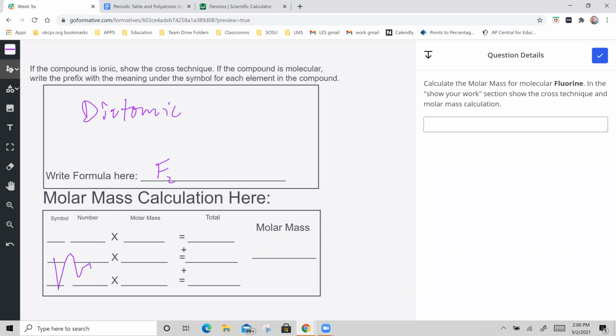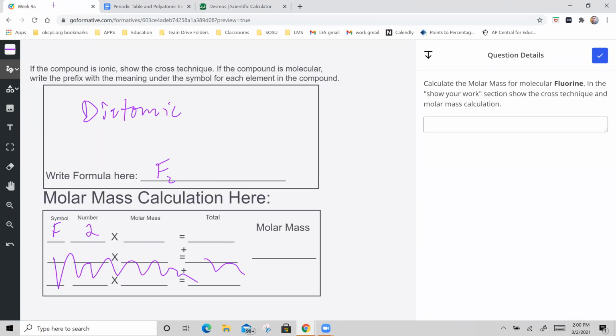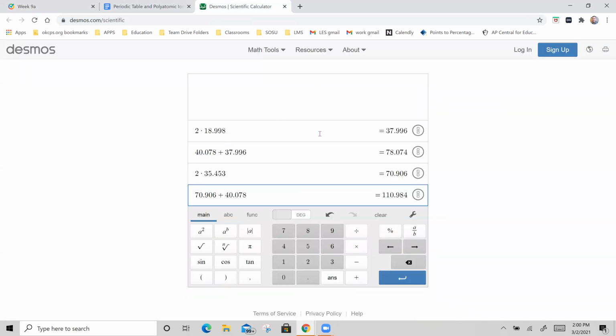So you're not going to need these two sections. You're only going to need one because all you have is fluorine. You have 2 of them. What's the molar mass of fluorine? It is 18.998. And now you just simply plug that in, and you see 2 times 18.998 is 37.996.